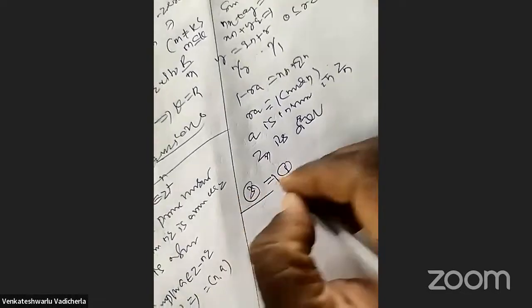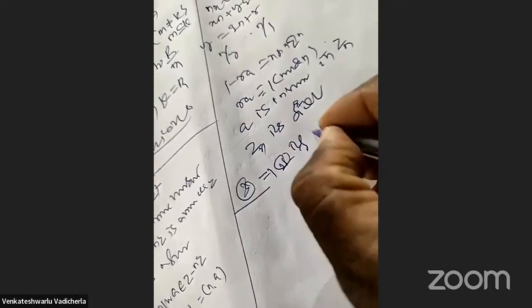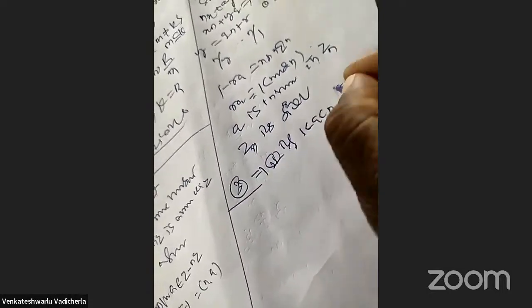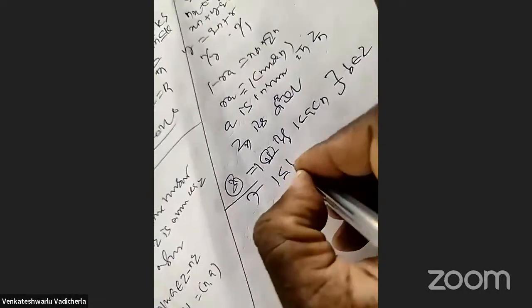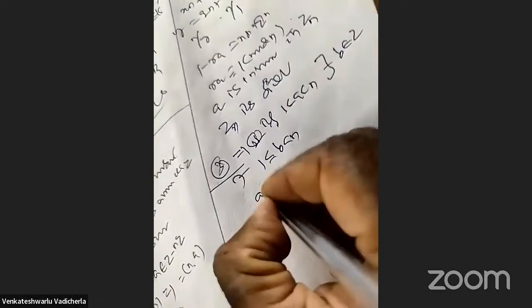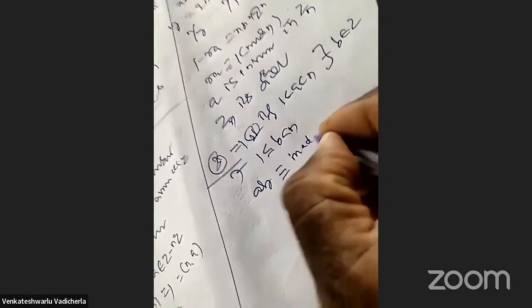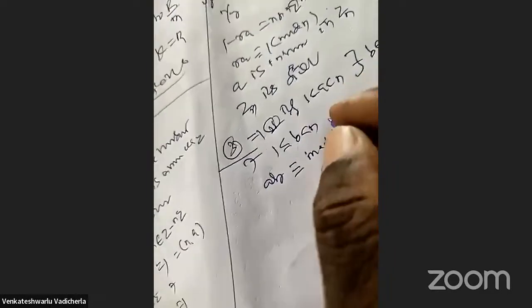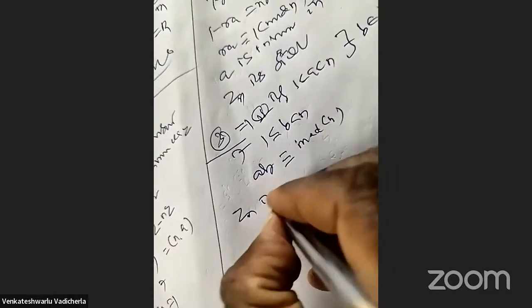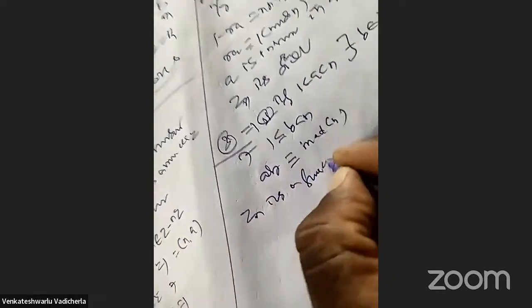Next, 3 implies 1. Now if 1 is less than a less than n, there exists b belonging to Z such that 1 is less than or equal to b less than n, so ab is congruent to 1 modulo n, since Zn is a field.